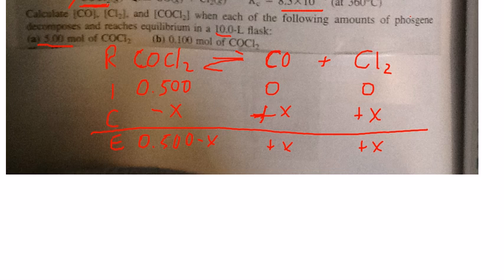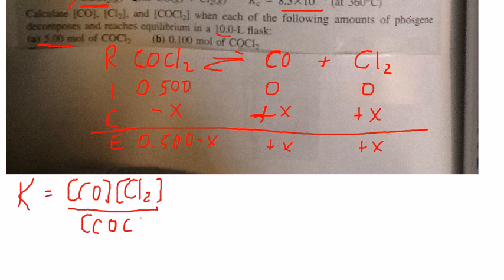When we write out our equilibrium expression, that's equal to the carbon monoxide concentration times the chlorine concentration divided by COCl2.